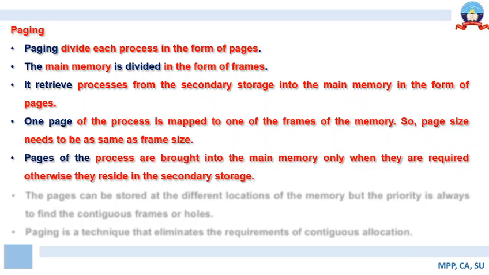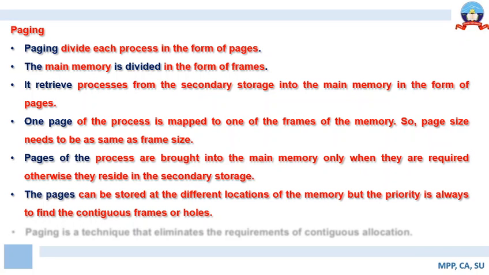So whenever a page belonging to a process is to be executed, the page is brought from the secondary storage onto the main memory, it is executed and it's placed back to the secondary storage. If a page is not required at a particular point in time, it will reside in the secondary memory.